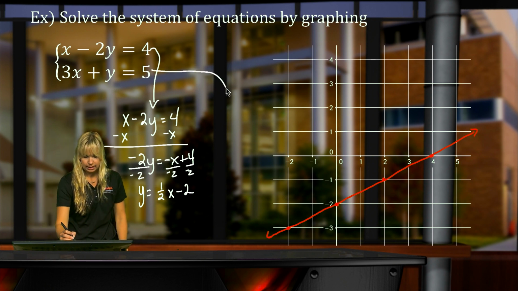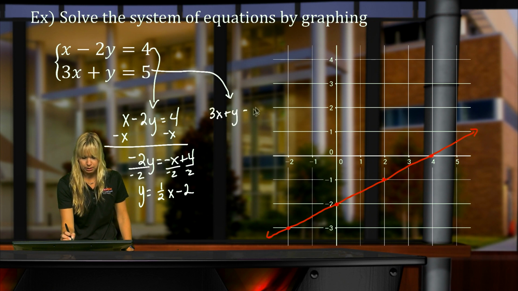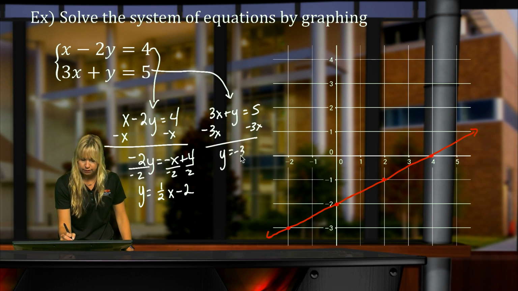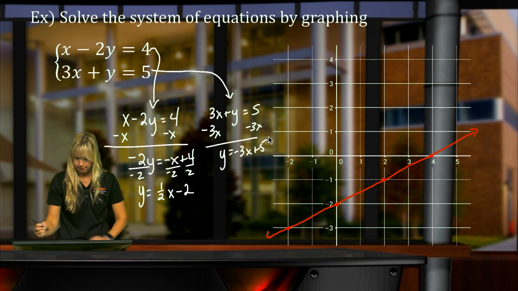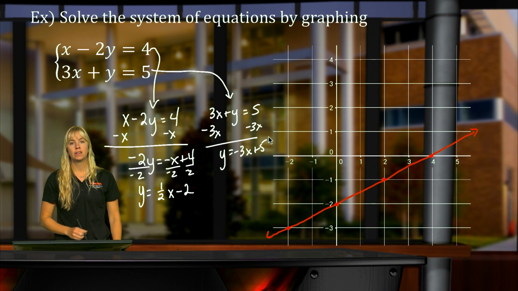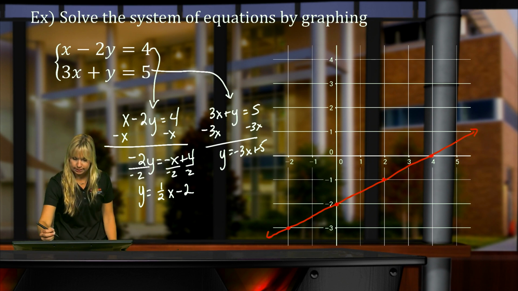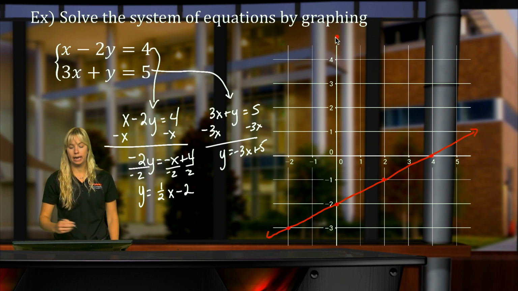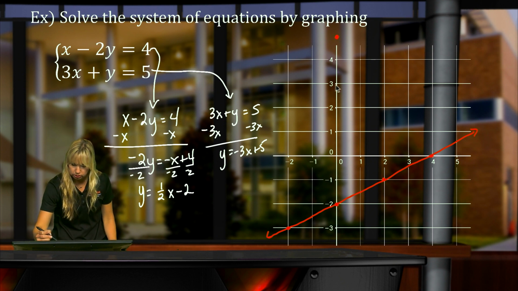Now let's look at the second equation. 3x plus y equals 5. Subtract 3x from both sides. y equals negative 3x plus 5. For this line, my y-intercept is positive 5, which is cut off, and the slope is negative 3. So we will go down 1, 2, 3, and to the right 1.